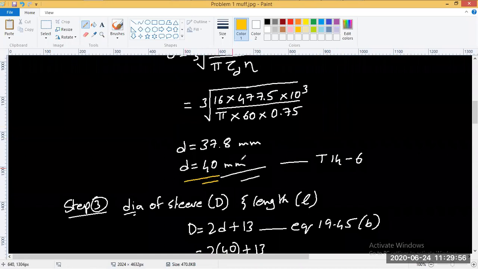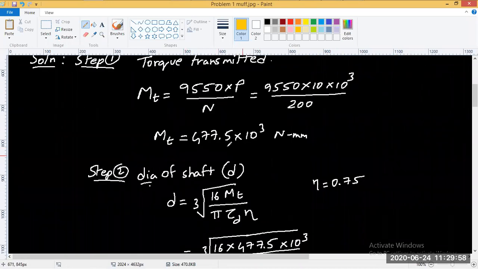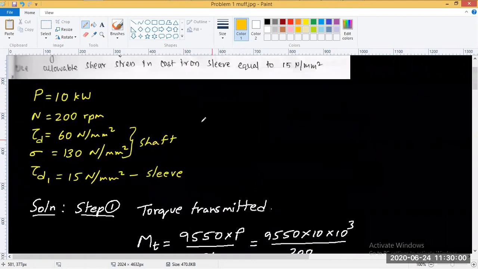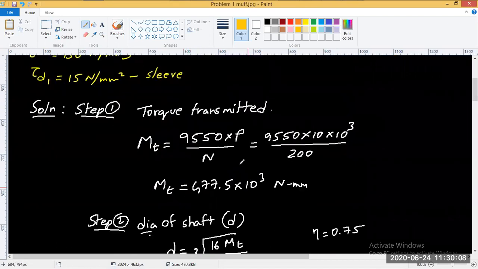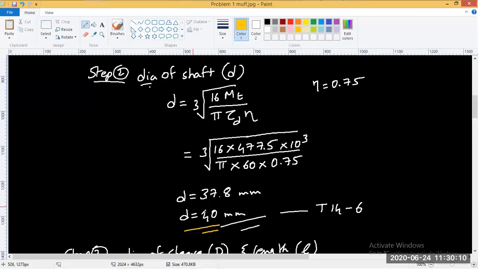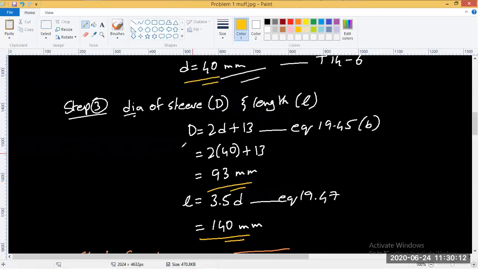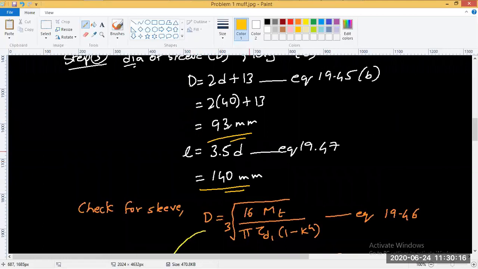This is what engineers usually do. They find out all the values, whether it satisfies the given power requirements, the given RPM and the material strength. Taking all these into account, you decide the dimensions: diameter should be this much, sleeve diameter should be this much, and length should be this.